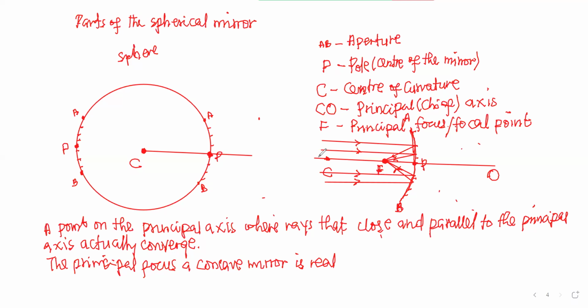That is why car headlight lamps can go very far. Equally, if you have rays coming in that parallel manner from afar, the moment they are incident on the mirror, they will all converge at F due to the principle of reversibility of light.